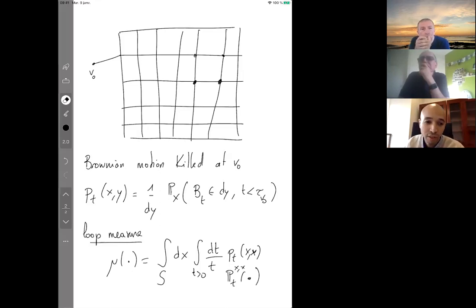Instead of calling it a bridge, we call it a loop. So that's just the definition.